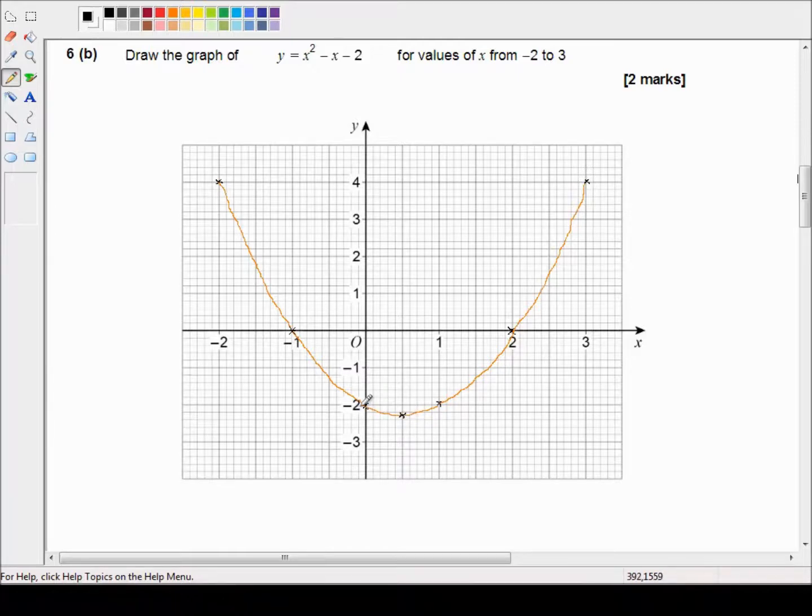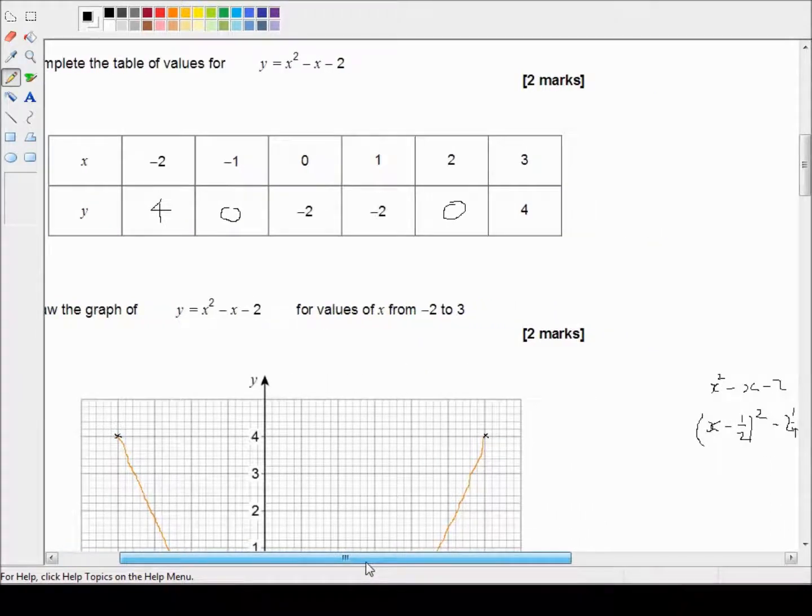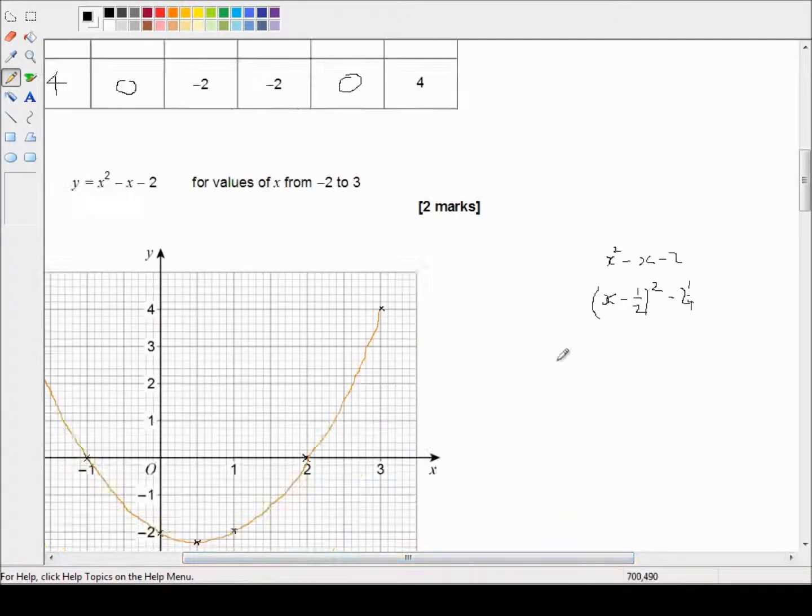We have negative 2 and negative 2 for the regions between 0 and 1. So we could even guess that halfway between 0 and 1, which is a half, we would find the actual minimum point. But we can actually calculate it algebraically if we do some completing the square. So we've got the expression x squared minus x minus 2.